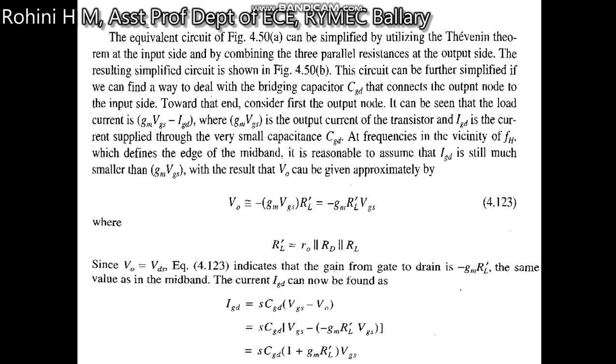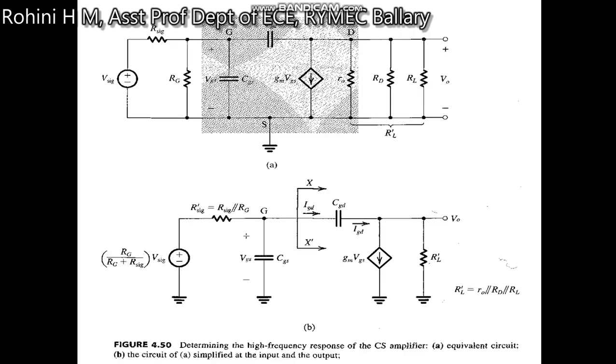The equivalent circuit can be simplified by utilizing Thevenin's theorem at the input side and by combining the three parallel resistances at the output side. So the equivalent circuit is obtained by a Thevenin circuit at the input side. Instead of connecting many resistances, any number of sources can be reduced to a single source and a single resistance.